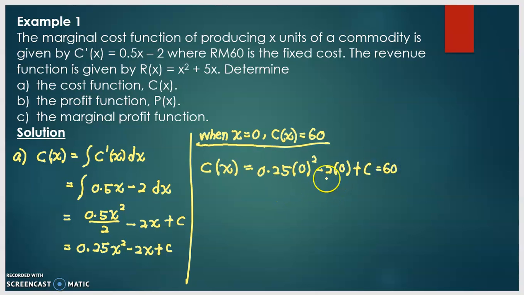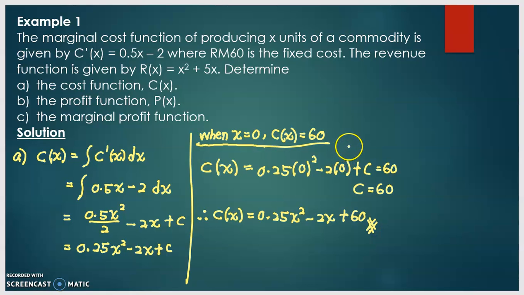Any value multiplied by 0 will become 0. So C is equal to 60. Therefore, our cost function will be equal to 0.25 X squared minus 2X plus 60. So this is the cost function.